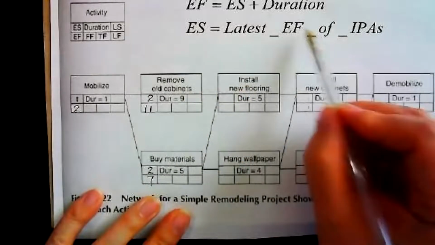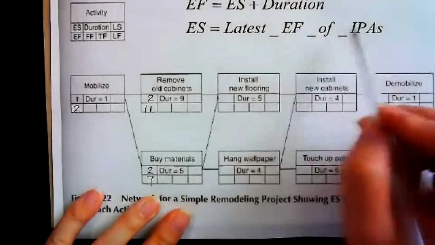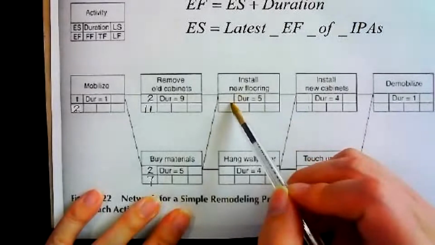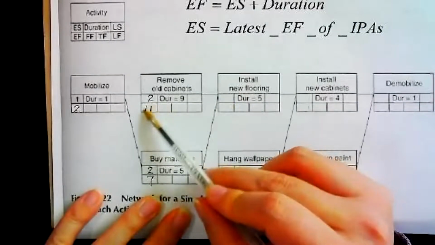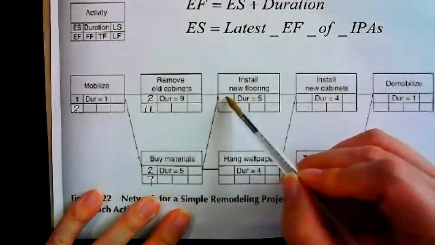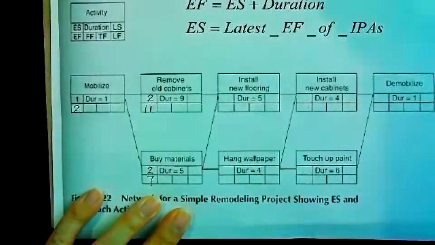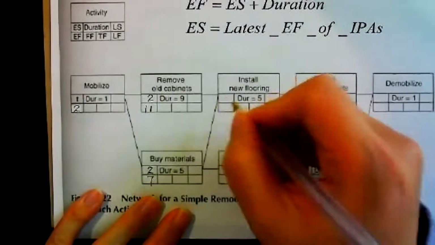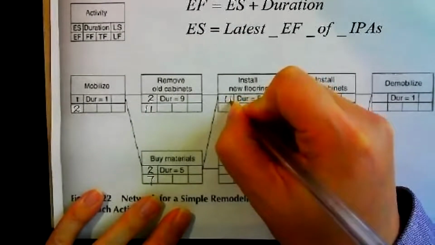I need to compare the early finish of the 2 IPAs, find the largest number, and put it over here. So compare this 11 and 7. What number should I put? 11. 11 over here.